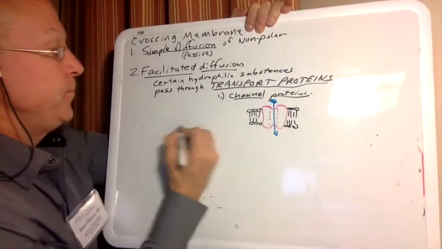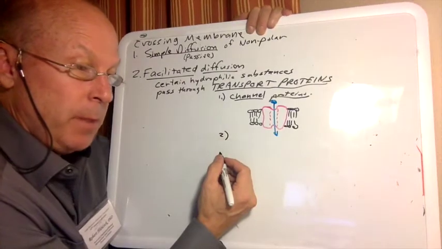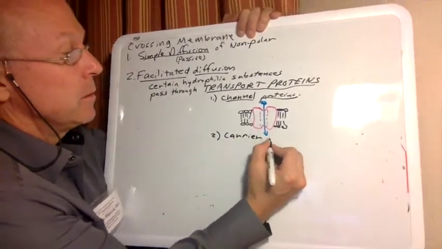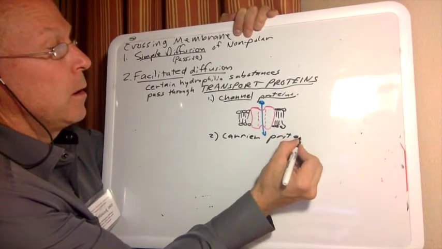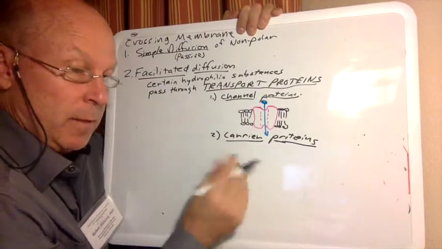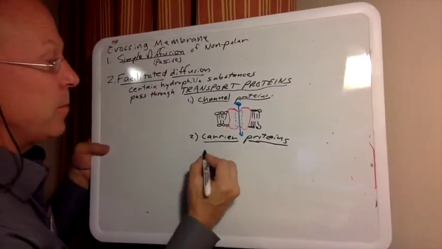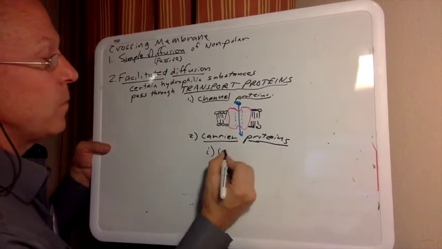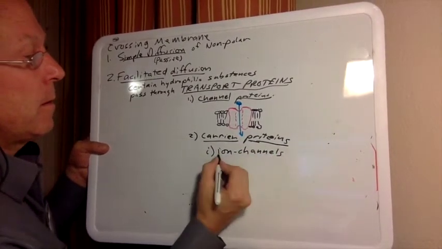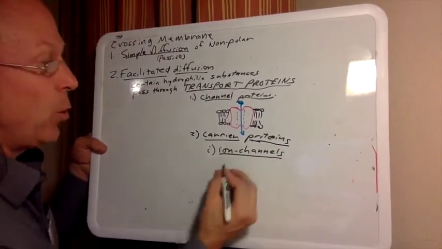The next one that we have is going to be those through carrier proteins. And in the carrier proteins, you've got 2 different kinds we'll talk about. The first one, ion channels. So ion channels are carrier proteins that transport ions.